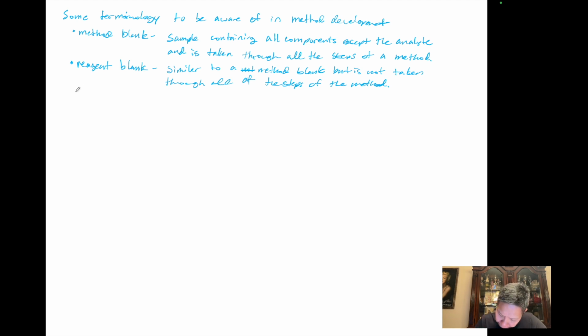Next thing would be a field blank. Again, this is similar to the method blank, but it's exposed to the sampling site.